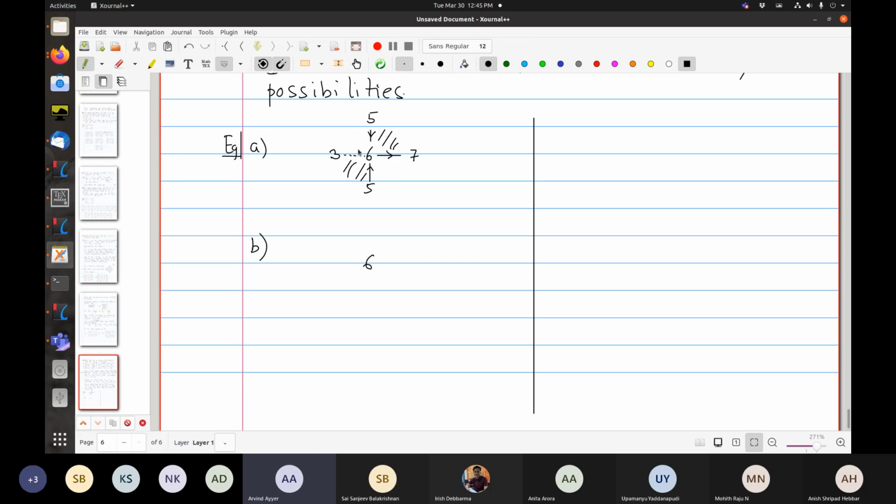So there are 4 total possibilities when a vertex is adjacent to 3 dominoes. So let's go through all of them. So the next one is, let's say, where the edge in the middle of the domino is to the right. So then I have this, this, and this.